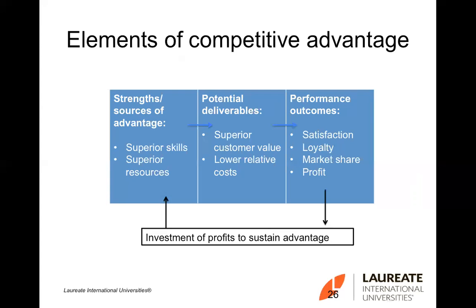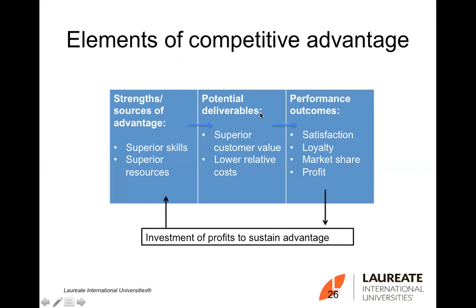Let's say, for argument's sake, we have financial resources. Is that an asset? Yes, it is an example of assets. So we claim our organization has strong financial resources. That's our asset.